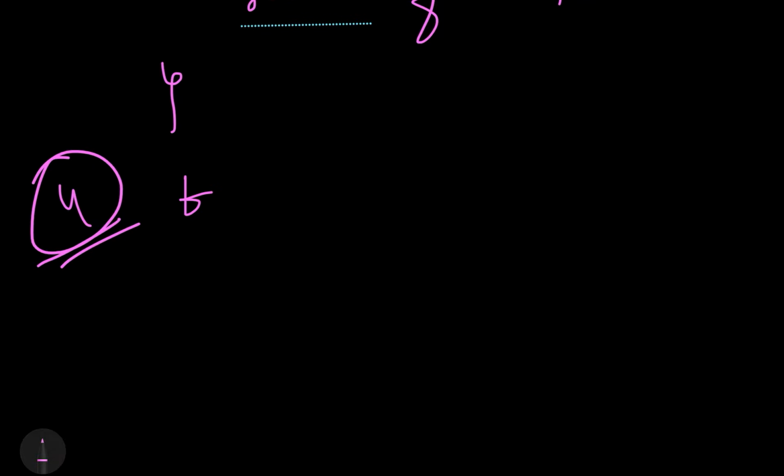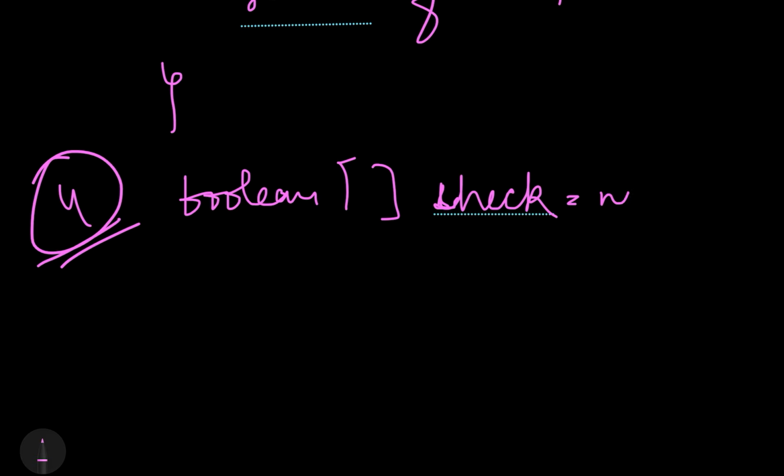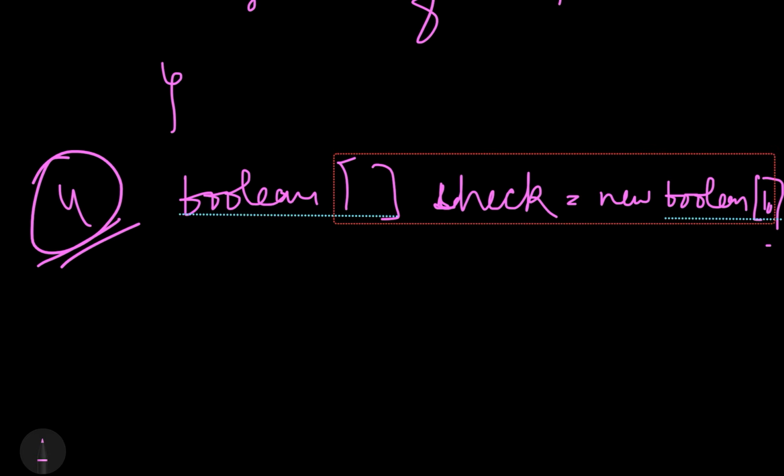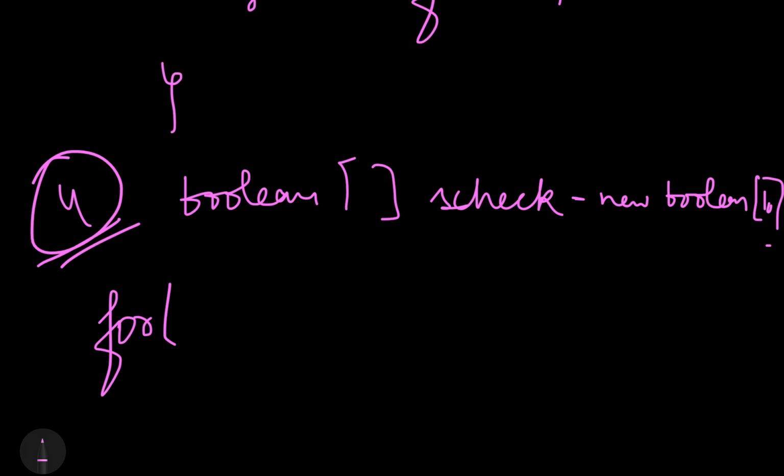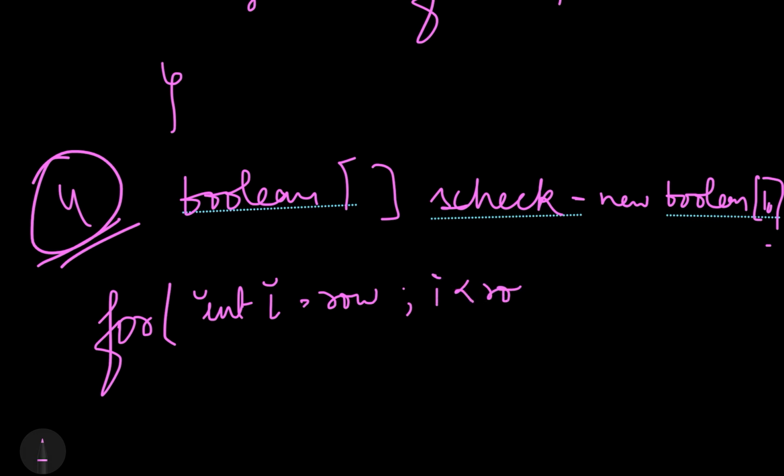So for that we can take a boolean array named check, which is equal to new boolean of 16, and we'll take for int i equal to row, i less than row plus 3, i plus plus.